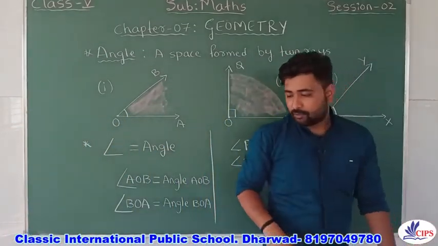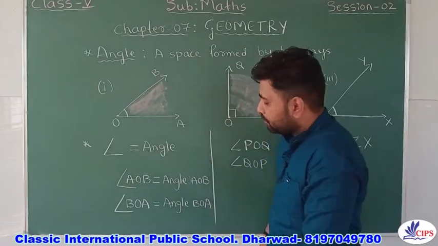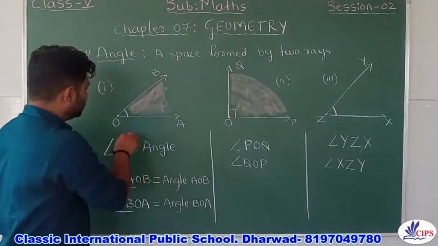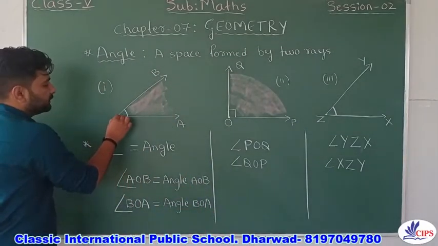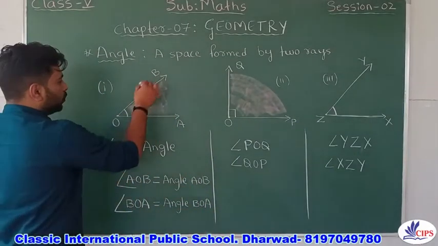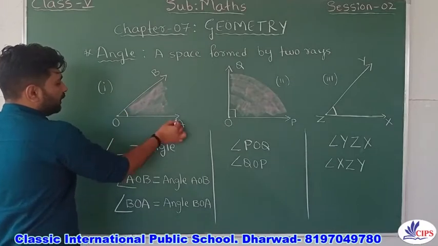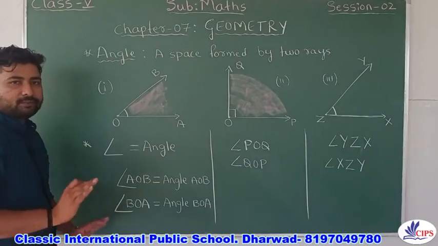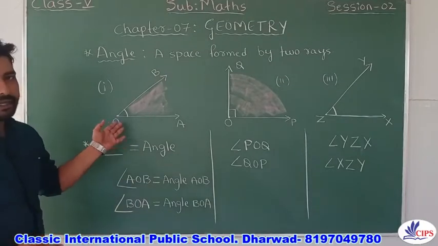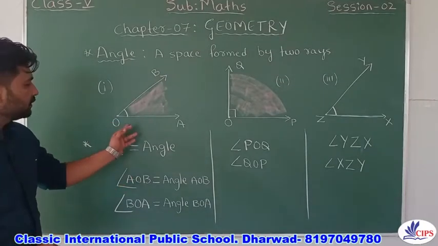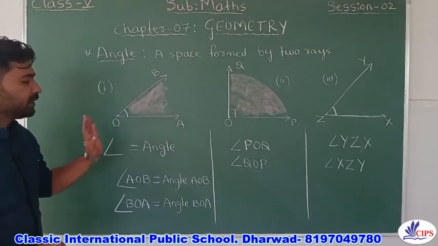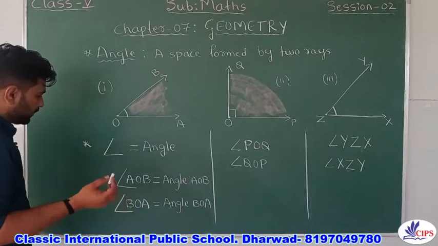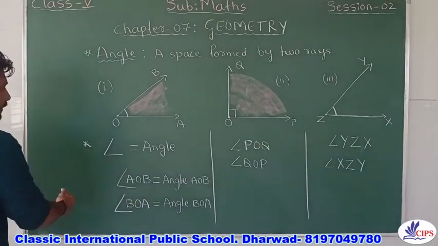So this is all about angle, how we measure it, and all things. I'm repeating one more time. This point is called the vertex. OA and OB are rays. I have not written it because you guys are already aware of it. Correct? Ray, vertex. If you want, you can just write it. I don't have space, so I'm writing here.